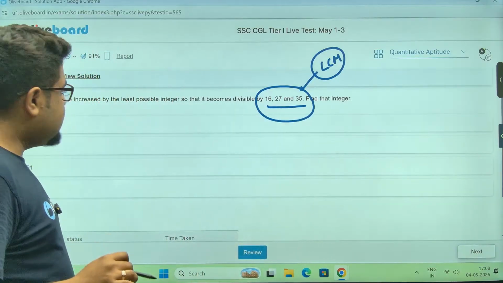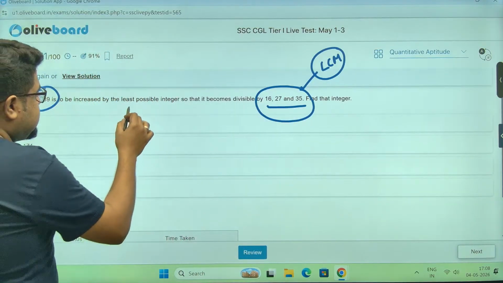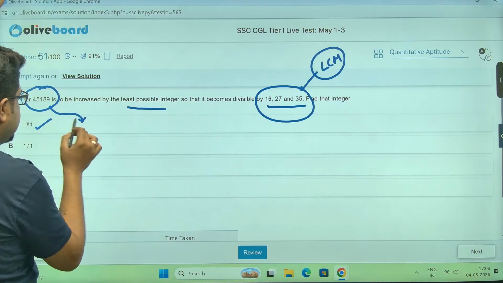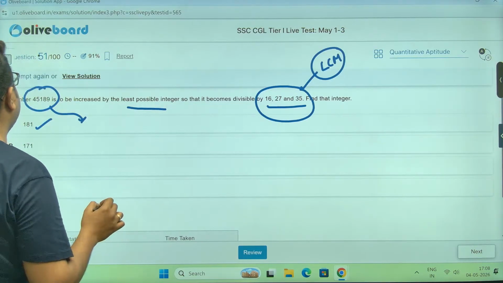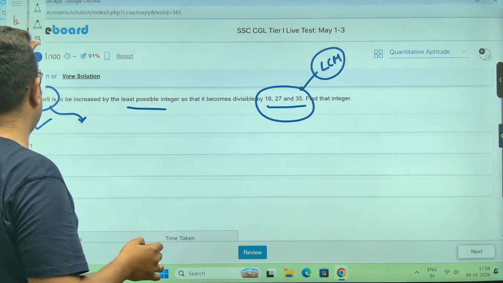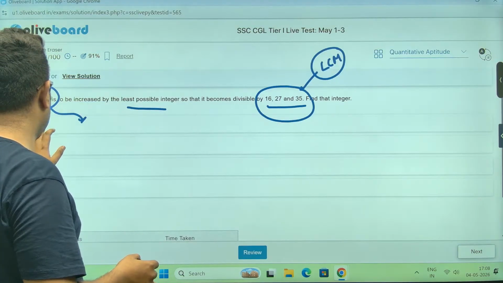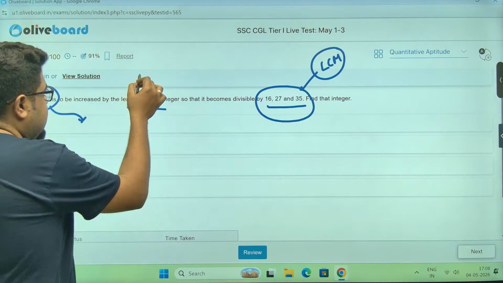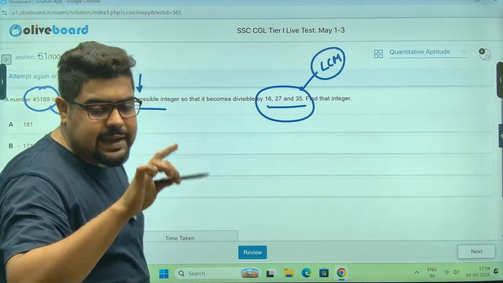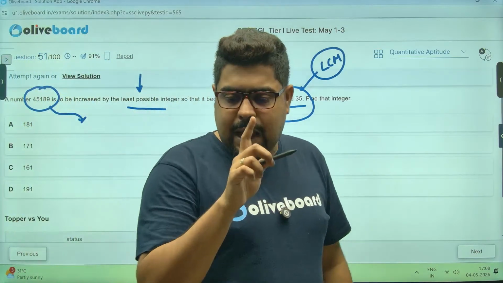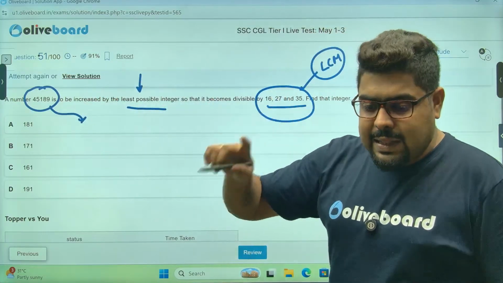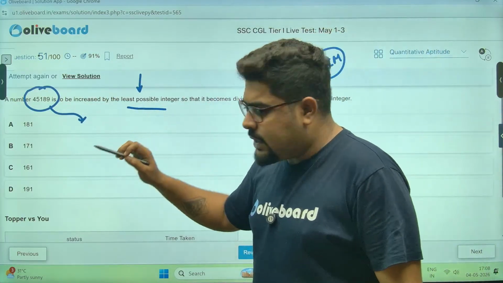For example, for the least possible number, I will not take the first option. Why is that? They are asking to increase it by the least possible number, so I will not go by option 1, 2, 3, 4. Rather, I'll go by the least, which is 161.